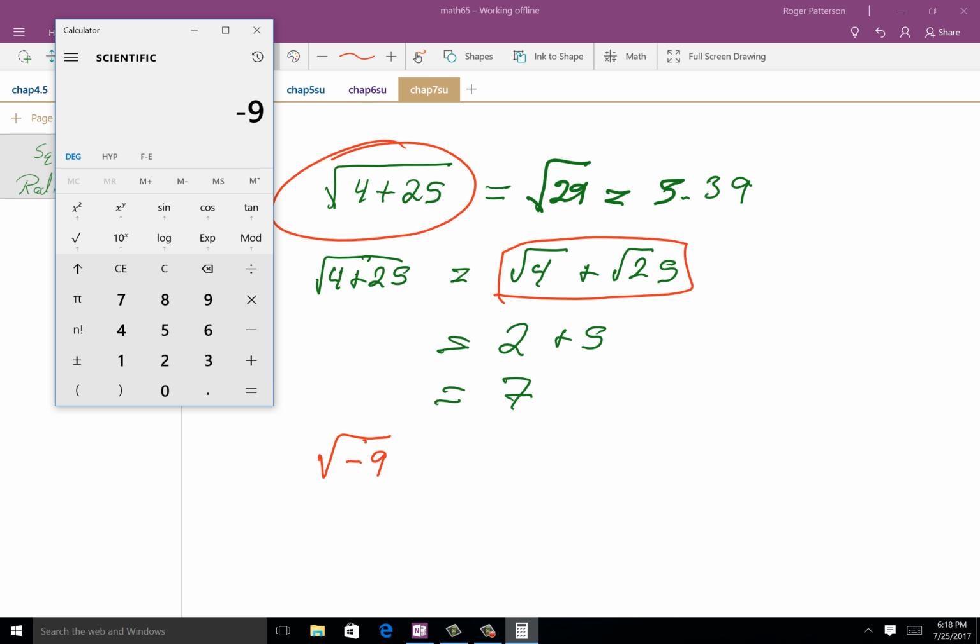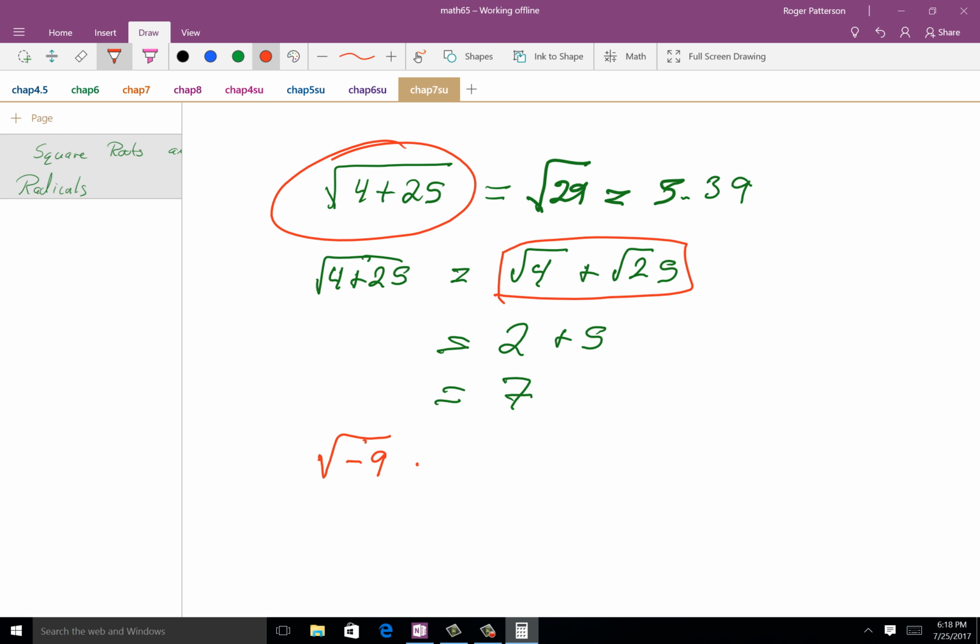There, and hit square root. It says invalid input. So the deal with the square root is you cannot take the square root of a negative number. So this is not a real number.